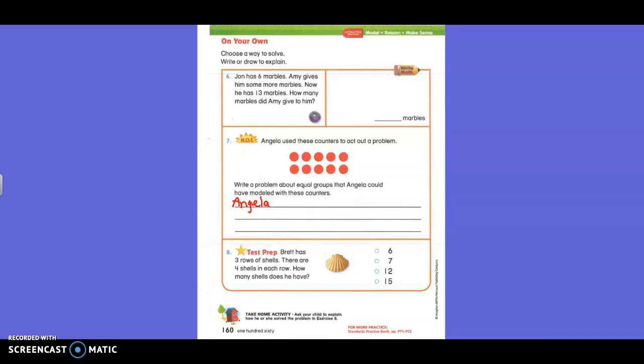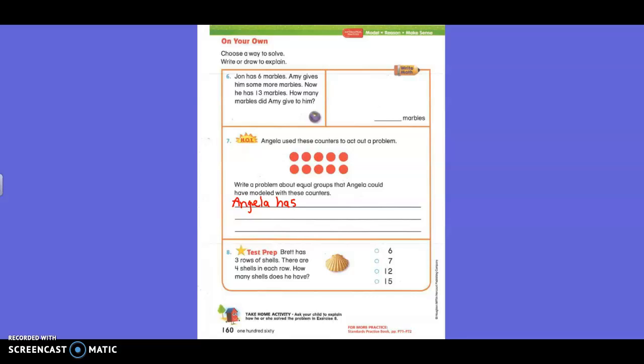Okay. Now, what are we going to say about Angela? What does she have? Let's pretend she has something. What is Angela going to have, Jaren? Dogs. Angela has, I'm going to change this. Because how many rows do we have? 2. Let's say 2 dogs.